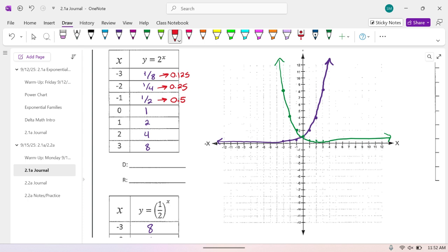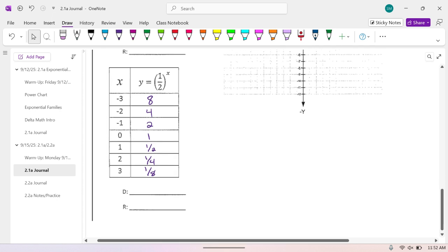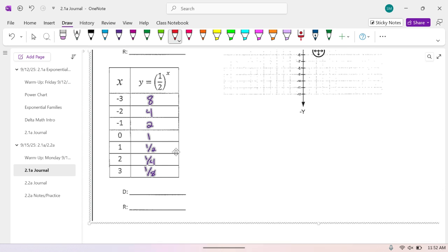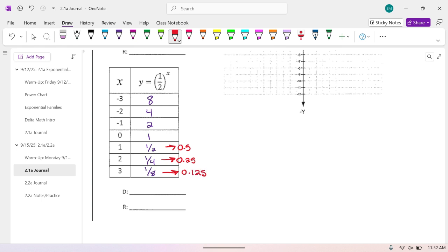So the purple graph over here, that's y equals 2 to the x power. Now, check for 1/2 raised to the x power. And again, if you got these decimals, you are technically correct.